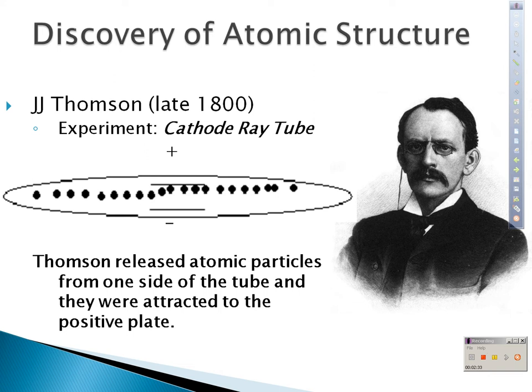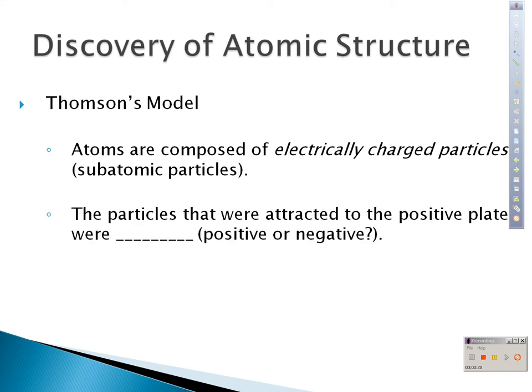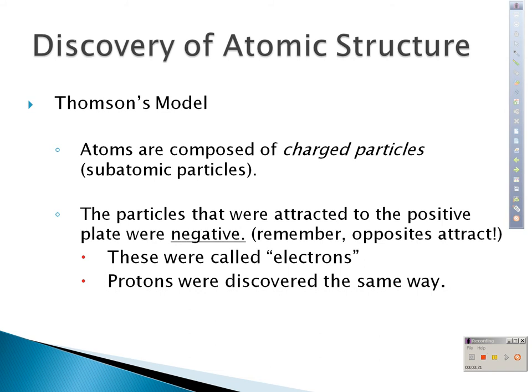If you move a magnet towards it, the electrons go up towards the magnetic plate at the top right here. He found out that there were these things called electrons inside of an atom. He said that there were charged particles inside, some negative and some positive, because overall they're neutral. We know that for sure, and they knew that back then.